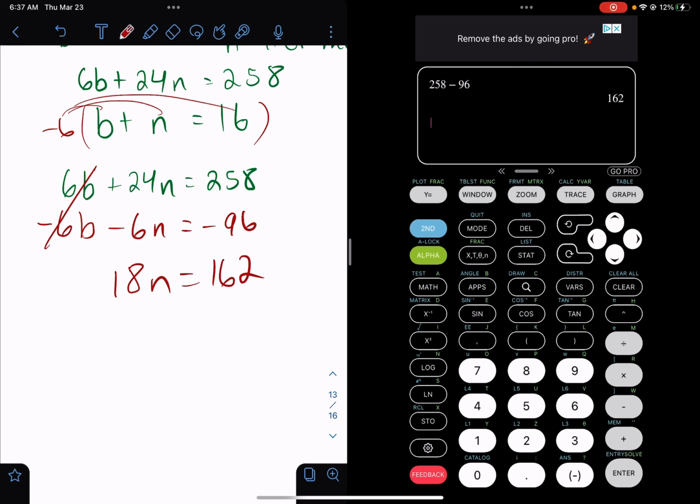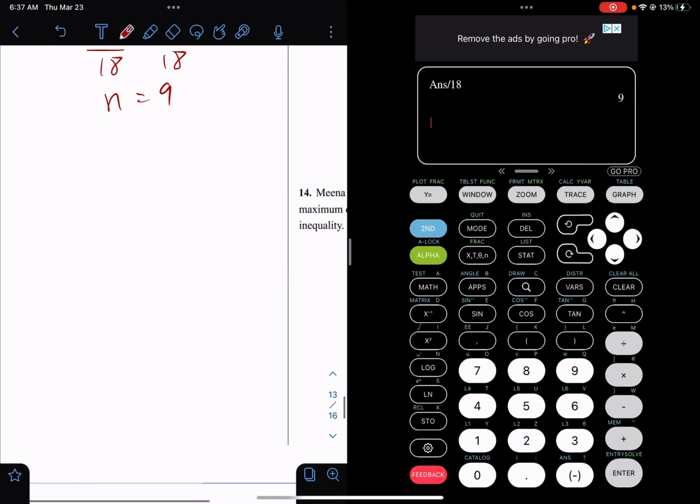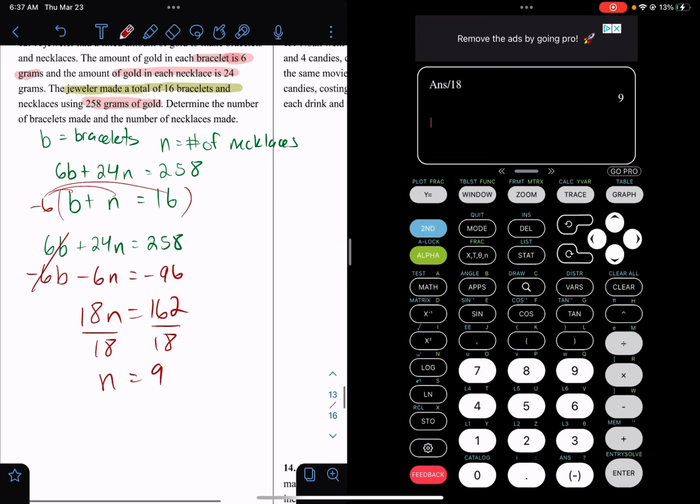All right, then we can go ahead and solve this. 162 divided by 18 equals 9. So that tells us that we've got 9 necklaces. All right. Now all we need to do is go back and solve for bracelets. So you can plug it into either equation. I'm going to plug it into the second one just because it's a little bit easier.